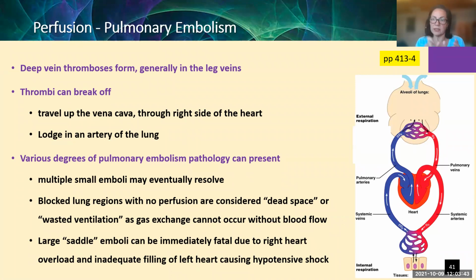The right side of the heart keeps trying to pump, but it can't push anything past that blockage. So the pressure is going to go way up, and then there's no blood going through here. So there's no blood returning to the left side of the heart, which means the rest of this is out of luck. And so the person dies of hypotensive shock.